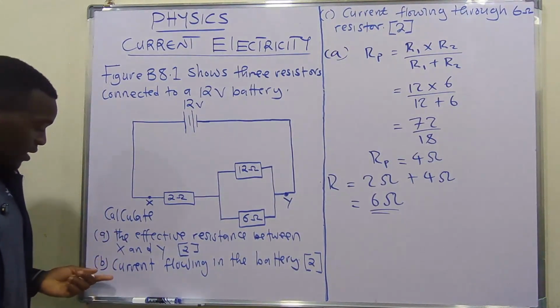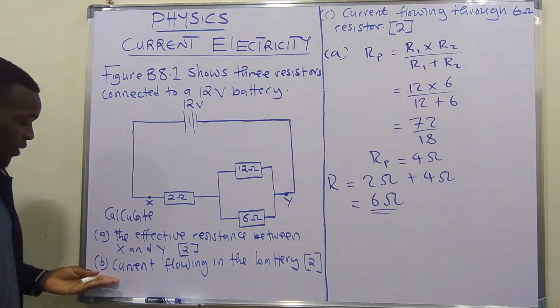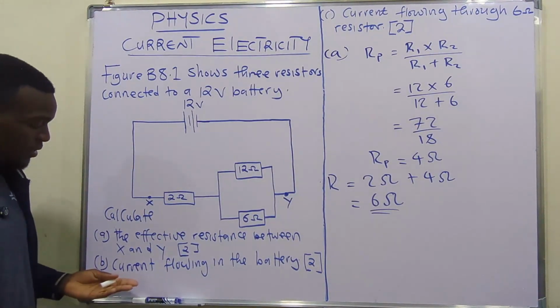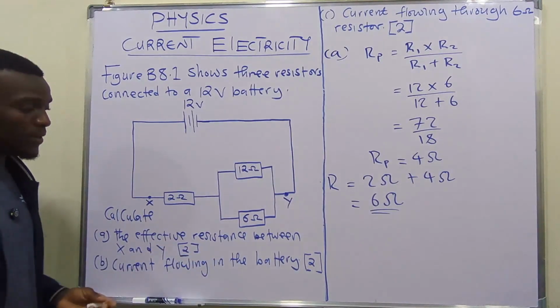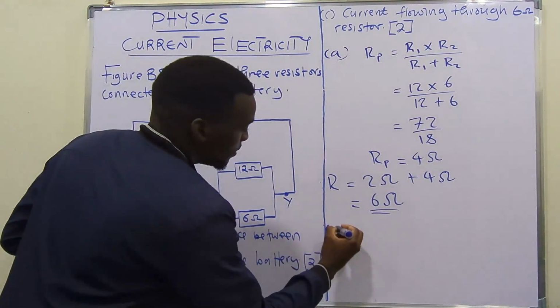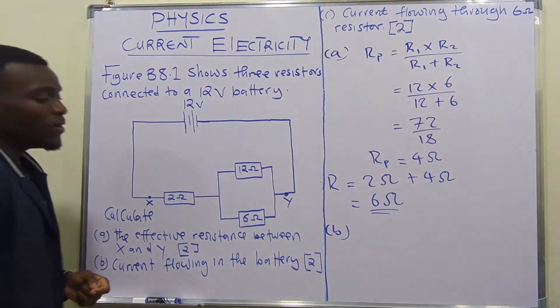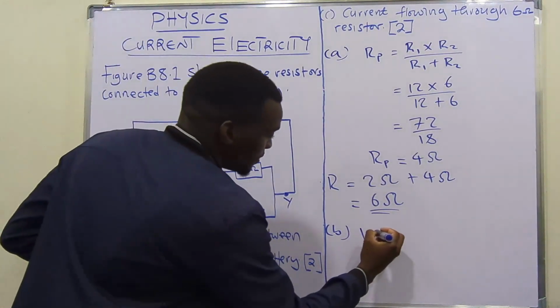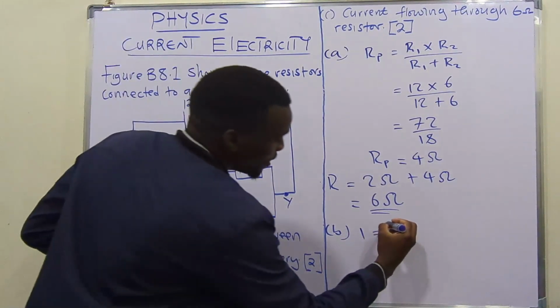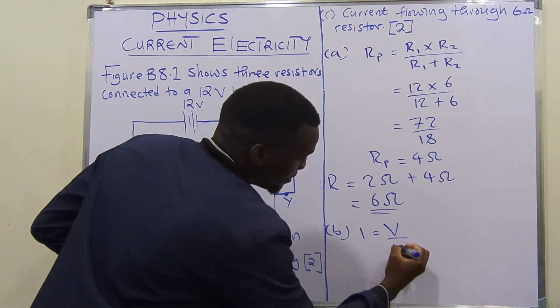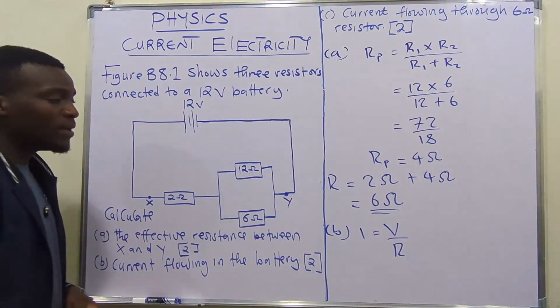Now we can go to the second part of the question, which is asking us to calculate the current flowing in the battery. In order to calculate the current, we say current equals the voltage over the resistance.